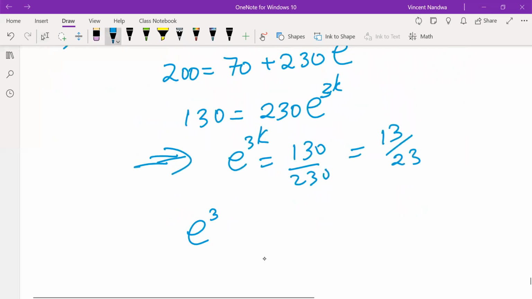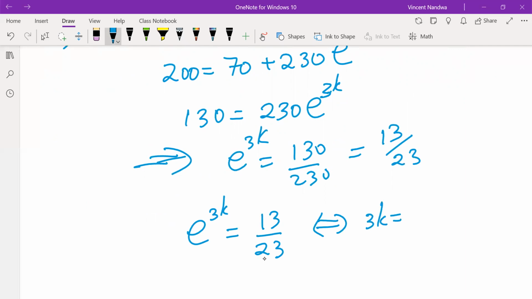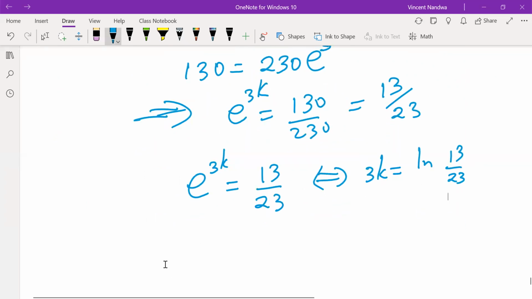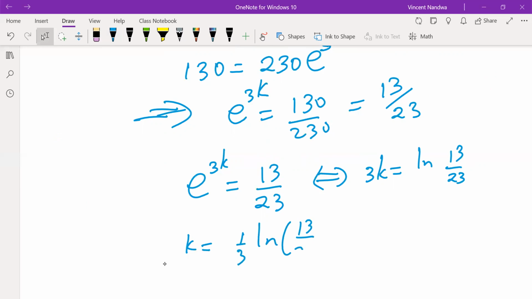Introducing ln on both sides, 3k equals ln of 13 over 23. So k is a third ln of 13 over 23, which equals a third into ln of 13 minus ln of 23.